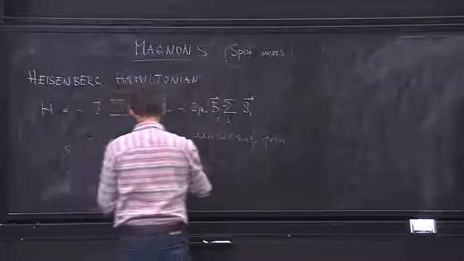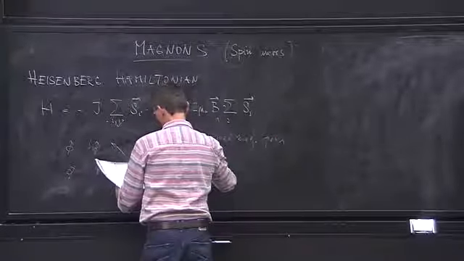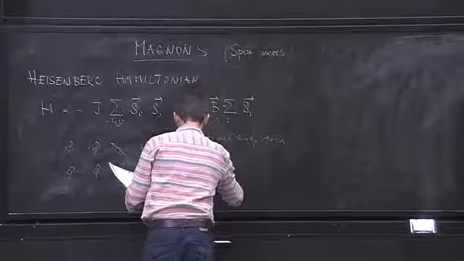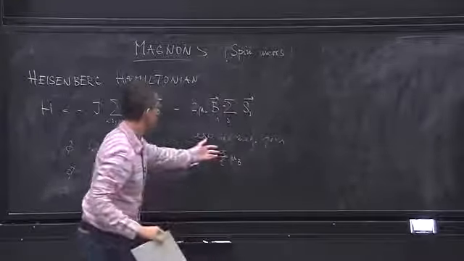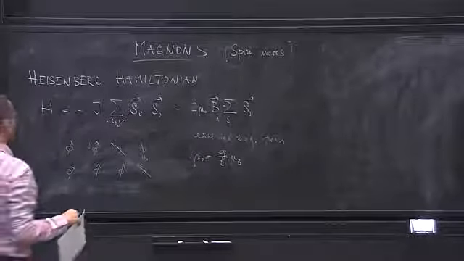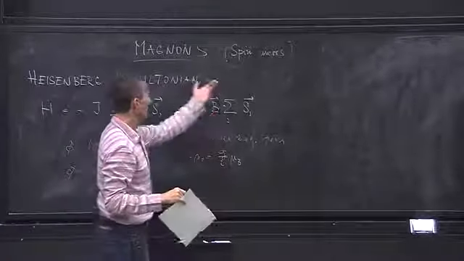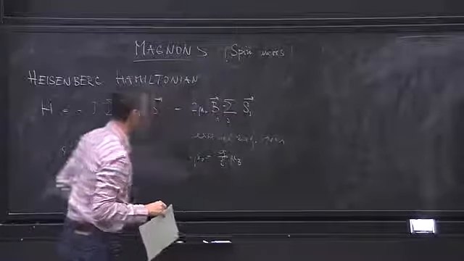And 2 mu naught here, or just mu naught, is g over 2 times the Bohr magneton. g is the Landé g factor, which basically tells you how much this magnetic moment interacts with the magnetic field.